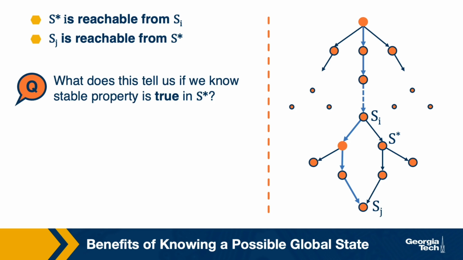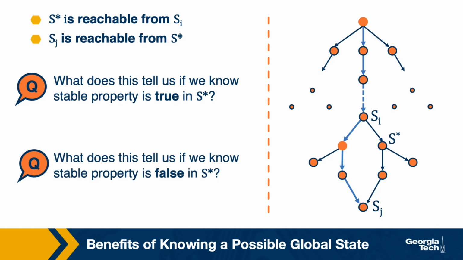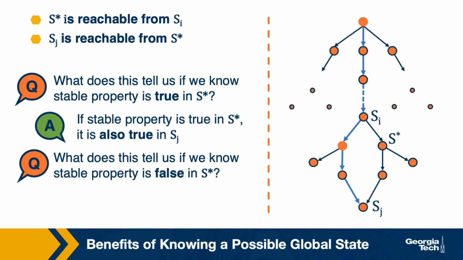So what does this tell us if we know that a stable property is true in the capture state S star? Or what does it tell us if we know that a stable property is false in the capture state S star? If a stable property is true in the state S star, then we know that it is also true in Sj, the state in which the system indeed currently is.